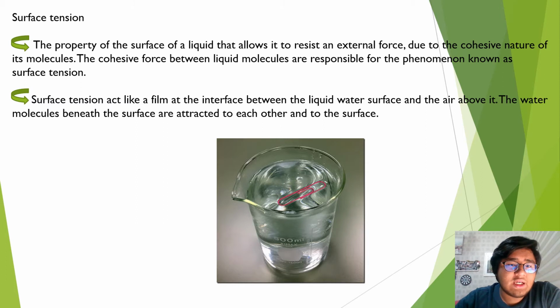Next, surface tension acts like a film at the interface between the liquid water surface and the air above it. The water molecules beneath the surface are attracted to each other and to the surface. That's why we can see in the image the paperclip floating on the water, because there is surface tension at the surface of the liquid.